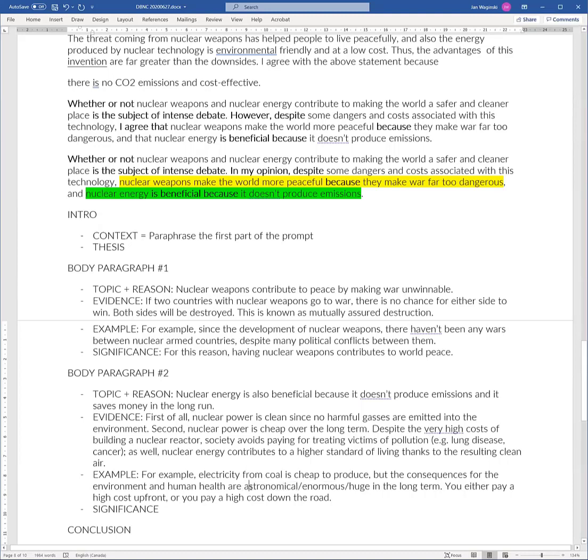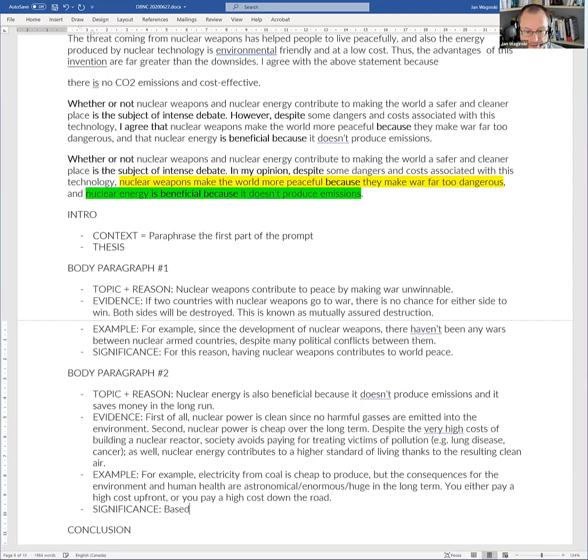Huge, big space. So if you're talking about things like the U.S. debt, for example, the U.S. debt is astronomical. Household debts are astronomical. Just when you're talking about huge numbers. I like the word. Sounds a lot better than huge. You either pay a high cost up front.